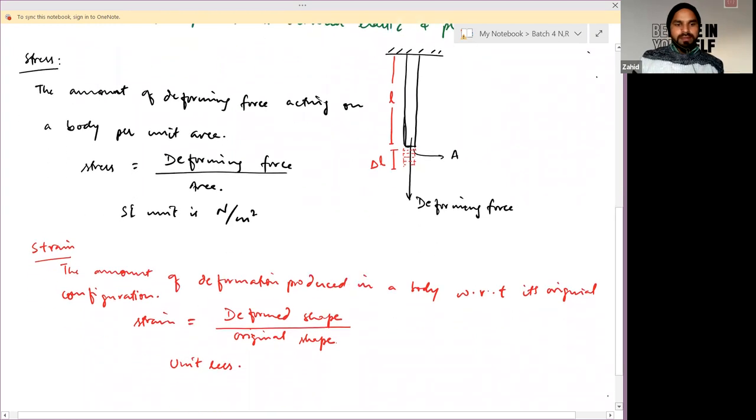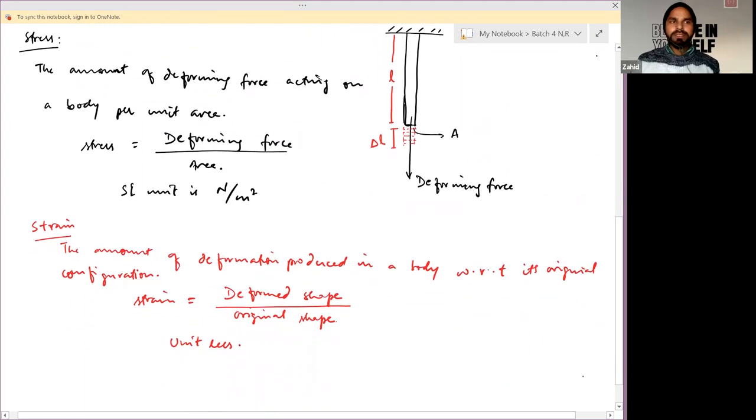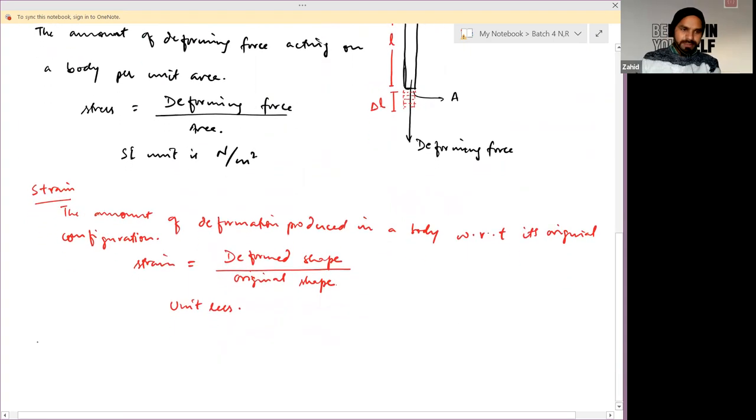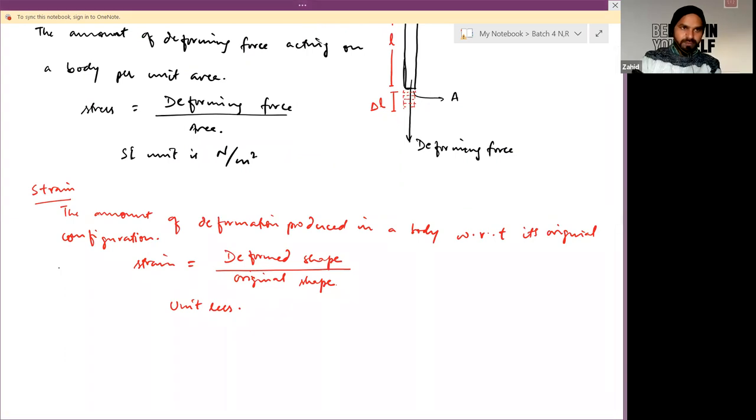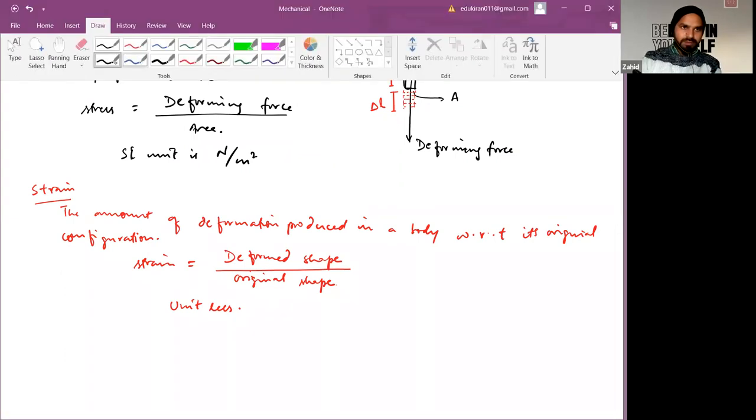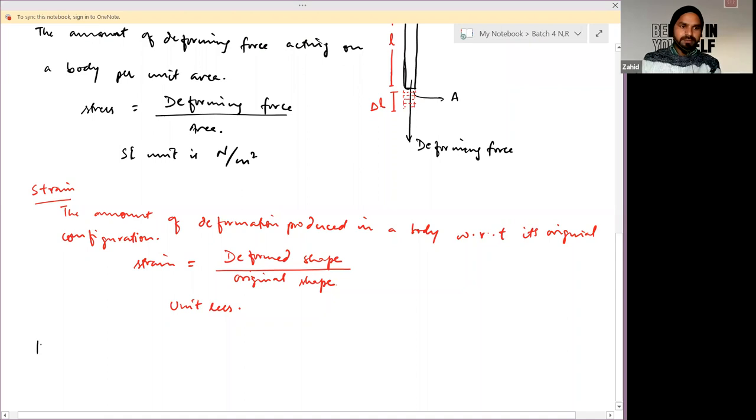Okay. Now, there is a relation between this stress and strain, which is defined by Hooke's law.